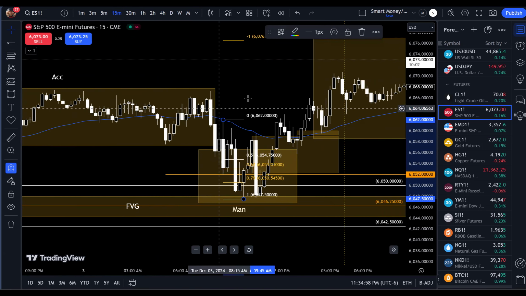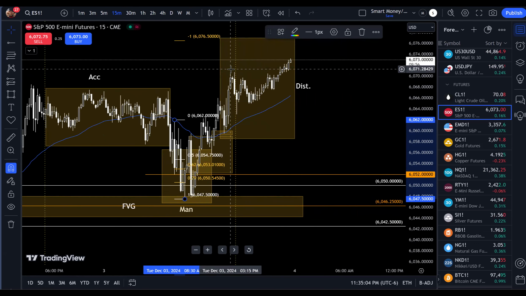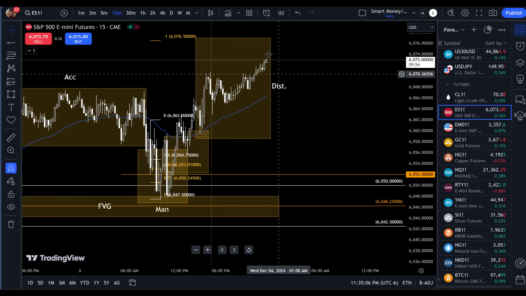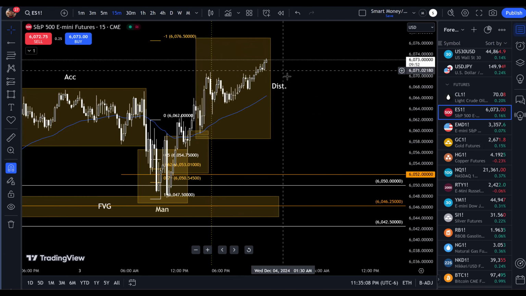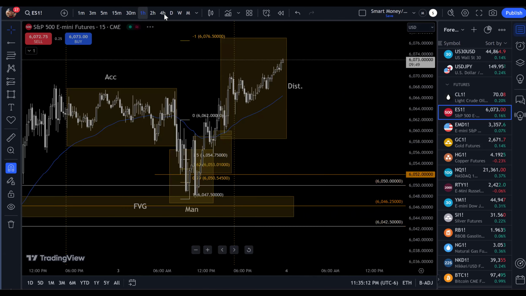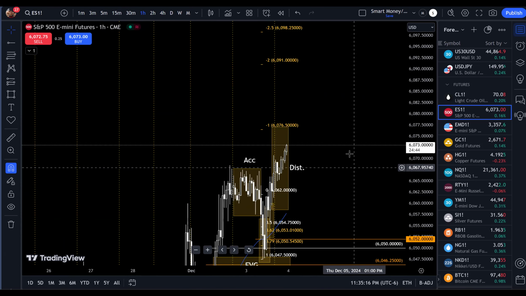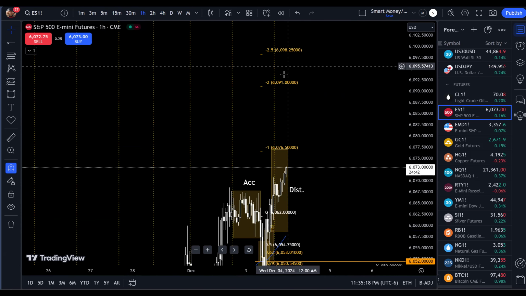You could either target this -1 area. A lot of times it's going to go to that -1, and then you get a little pullback. When I trade Forex, I like to target in between the -2 and the -2.5 area.